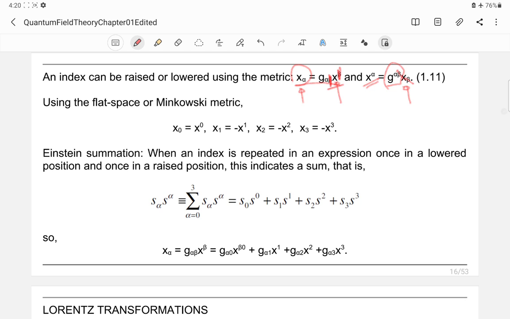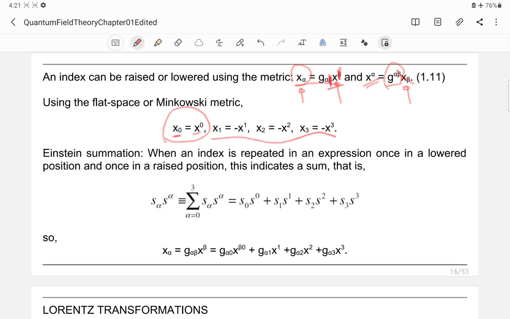Using the flat space or Minkowski metric, the covariant x0 and the contravariant x0 are just equal, and for the space you have one to be just the negative of the other.